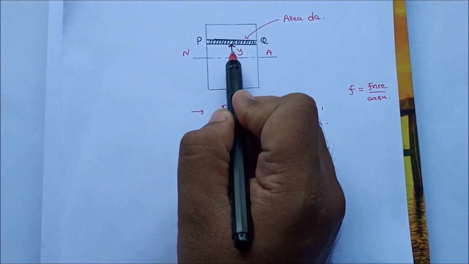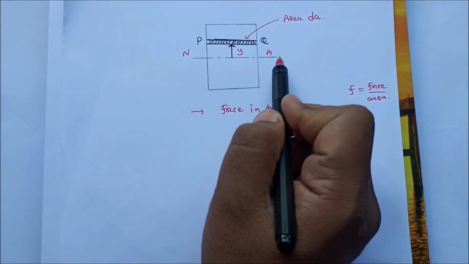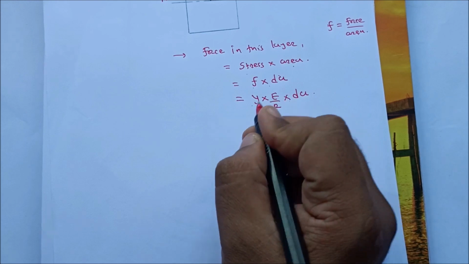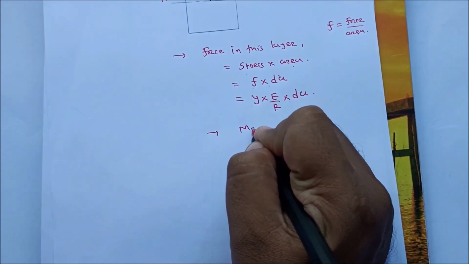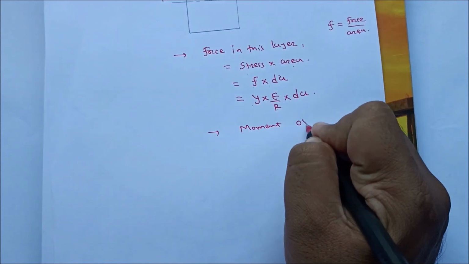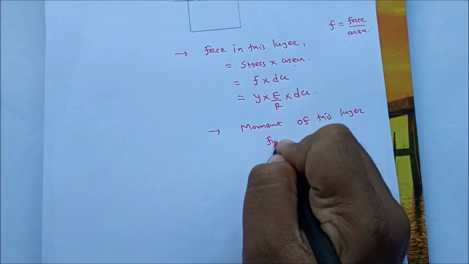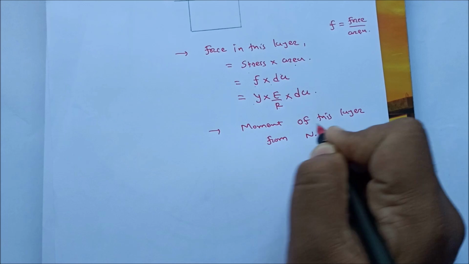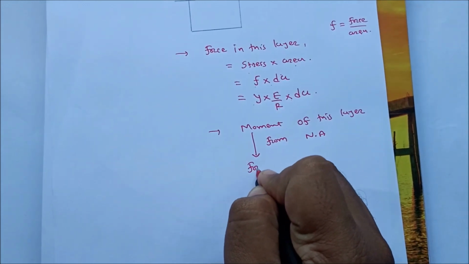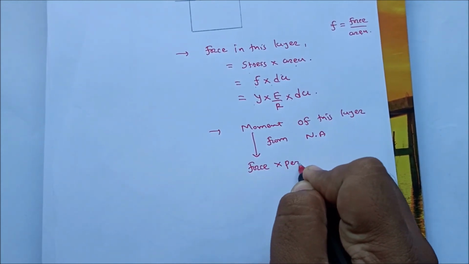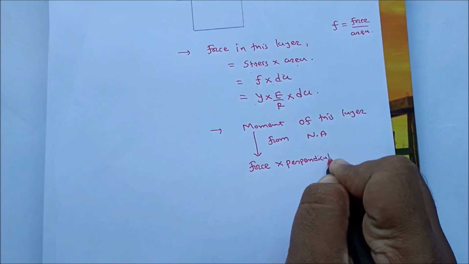Now we take the moment of this layer from the neutral axis. What is the meaning of moment? Moment means force multiplied by perpendicular distance.